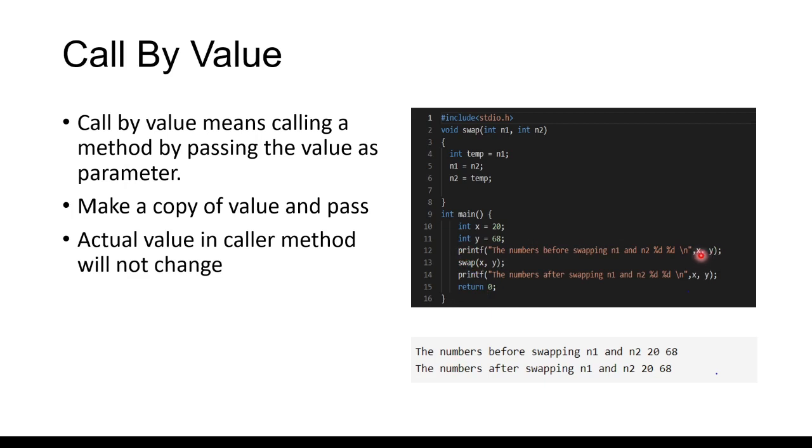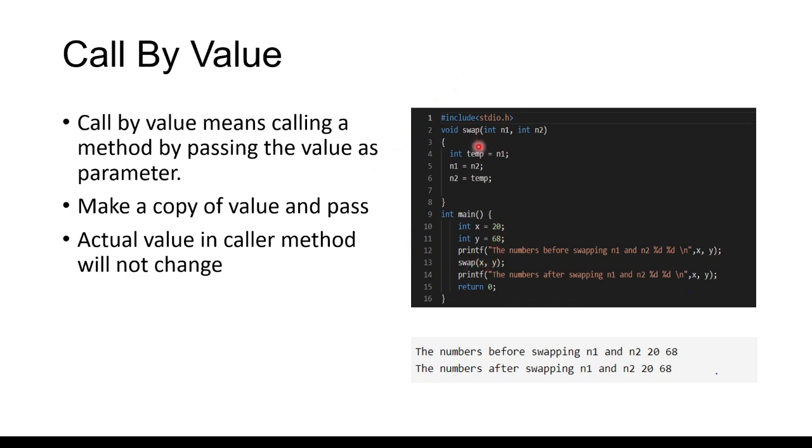When x and y are printed, we saw 20 and 68, so x as 20 and y as 68. And now after calling the swap method, you can still see x as 20 and y as 68. Swap means it is swapping x with the value of y and y with the value of x. But the output, if you see here, it didn't swap. It is directly showing 20 and 68 because here we are using call by value. It means we are creating a copy of the value and passing it to the method.